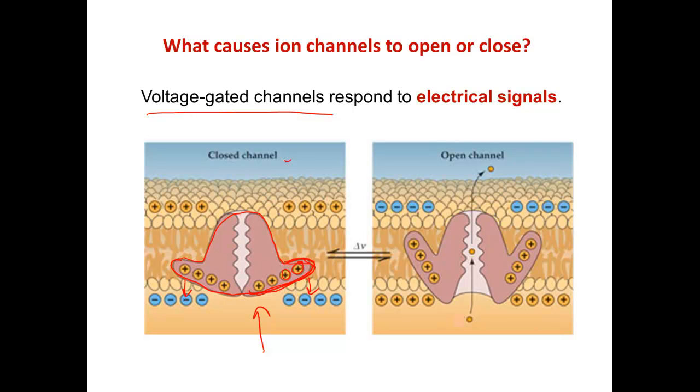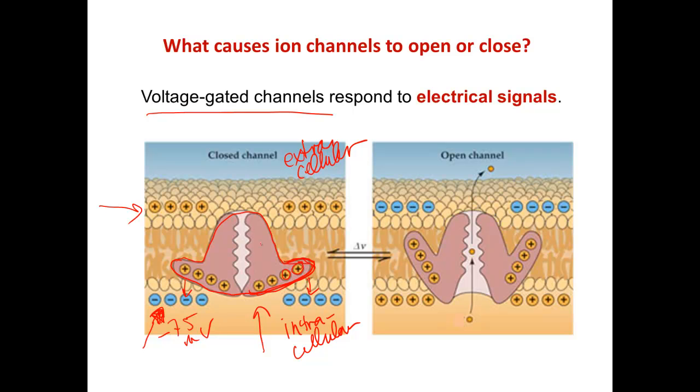So this would be extracellular and this would be intracellular side of that membrane. Okay, so this would be kind of what you would normally expect, where you have something like negative 75 millivolts negative in here, and then you have a relative positive charge on the outside of the membrane.